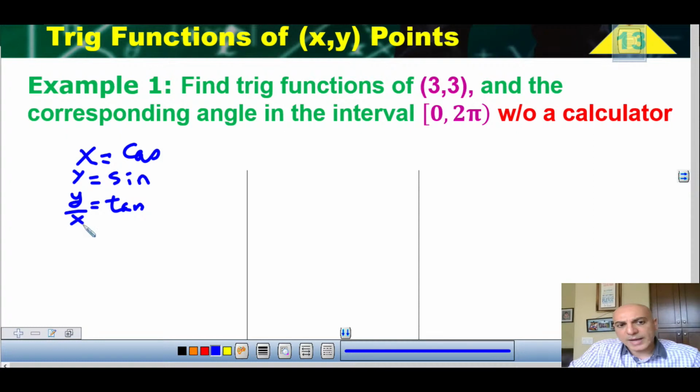If you are in doubt, I'd probably check back a few lectures ago, where we set this up and proved it and developed this concept. So now if you're given a point such as 3, 3, you would know that you're talking about a trig function just because of the point itself. There's a trig function behind it. Once again, this is x, this is y.